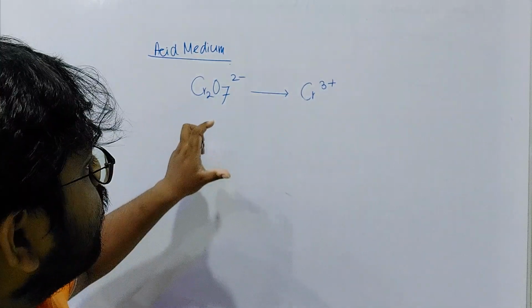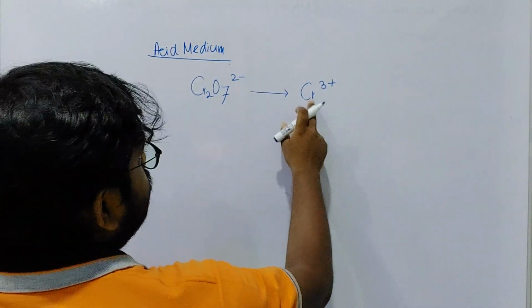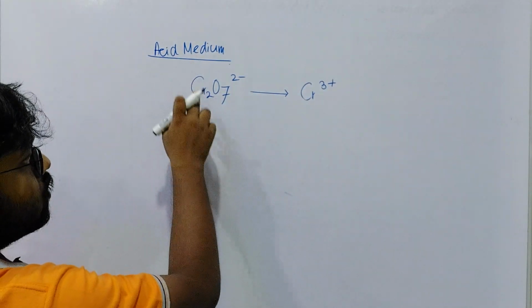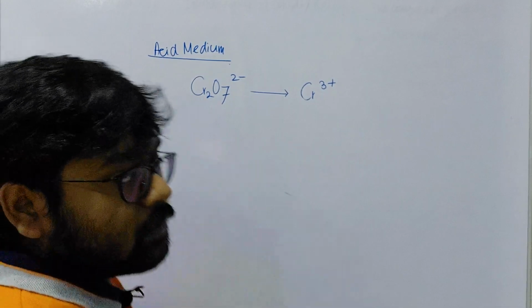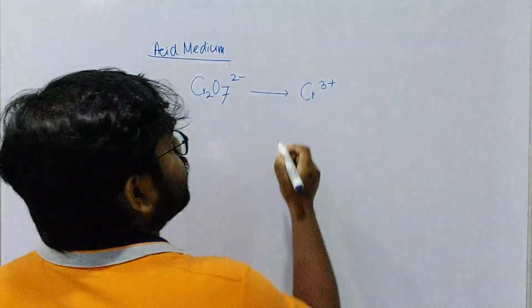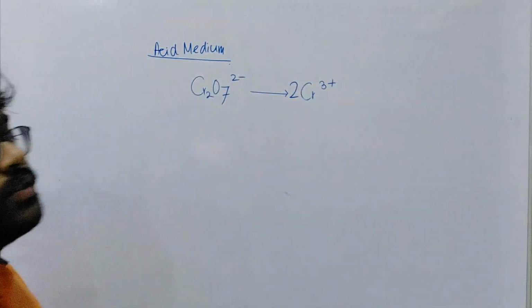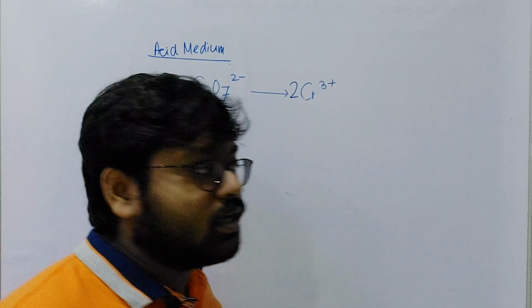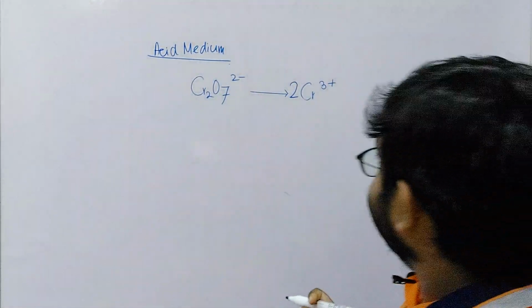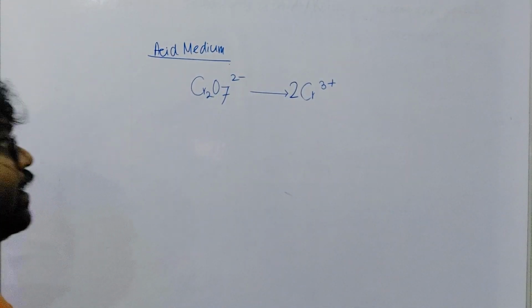Simply we can see that here is one chromium, and here is Cr2, so this is 2 chromium, right? So our first job is to balance the number of chromium on both sides. By doing this, we have balanced the number of chromium. Very easy, right? 2 chromium on both sides.